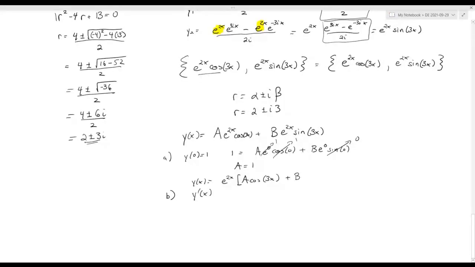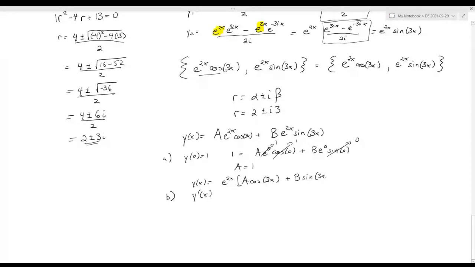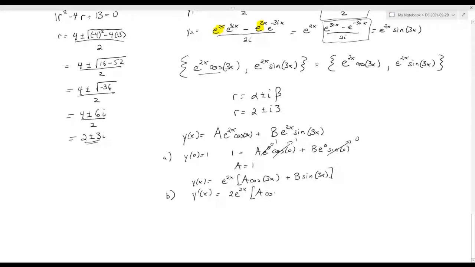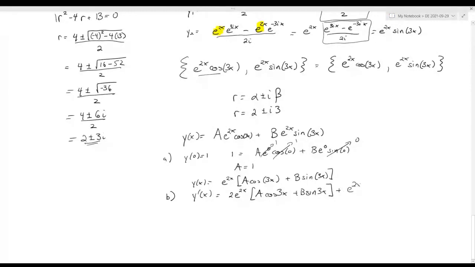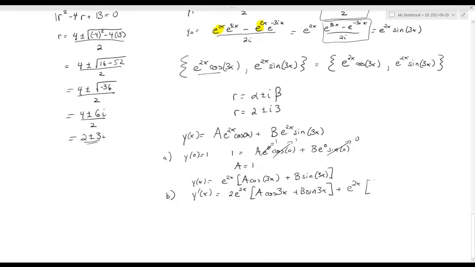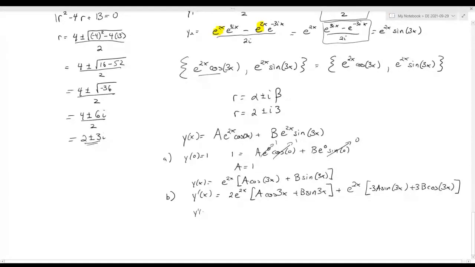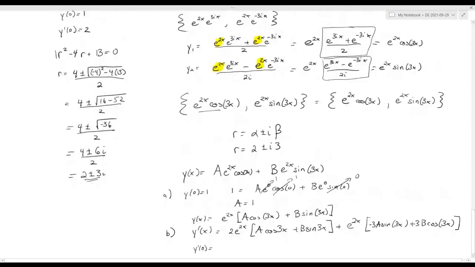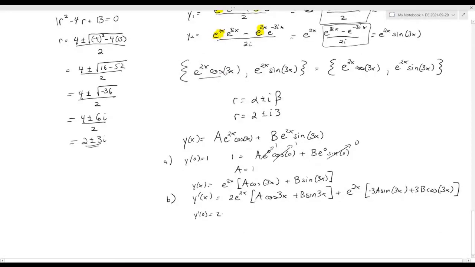It doesn't make it that much easier, but I conceptualize this as using the product rule once, if you will. So differentiate the exponential, leaving the trig part alone, plus leave the exponential function alone and differentiate the trig part. We know that y prime at 0 should be 2, according to the initial values given.